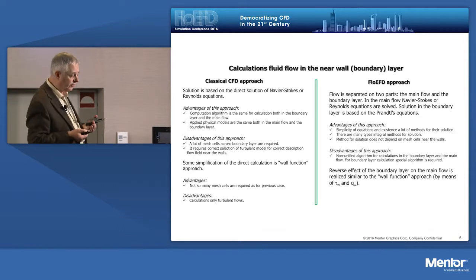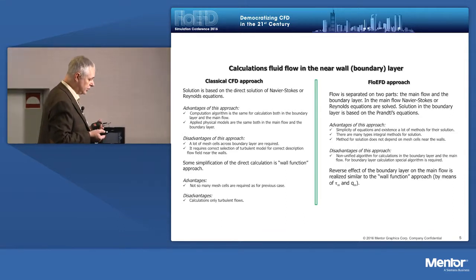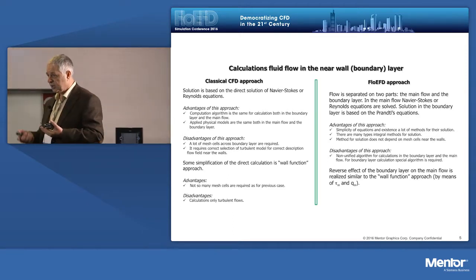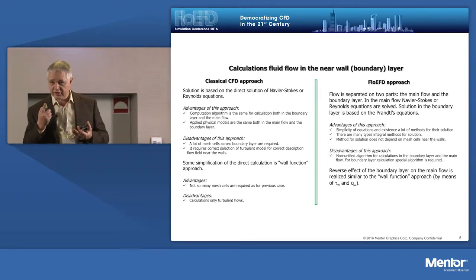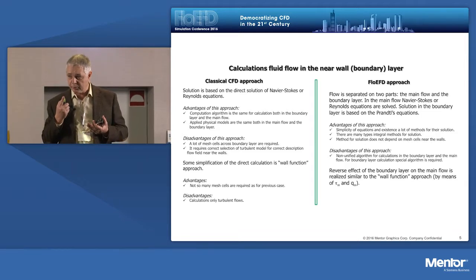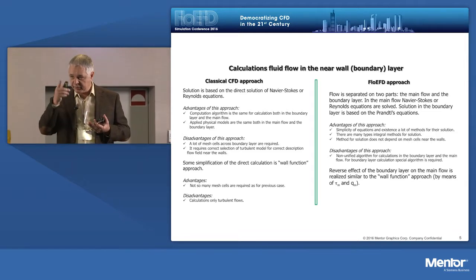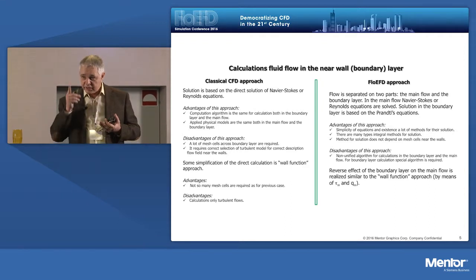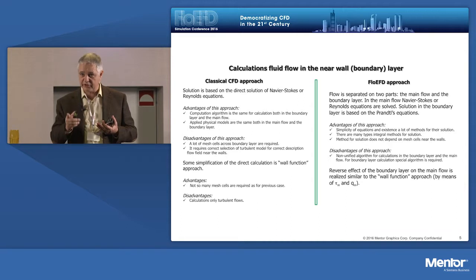For instance, when we calculated the thrust in the rocket engine nozzle, the acceptable level of error in the definition of specific impulse was 0.1%, 0.2% in specific impulse for the rocket engine nozzle.